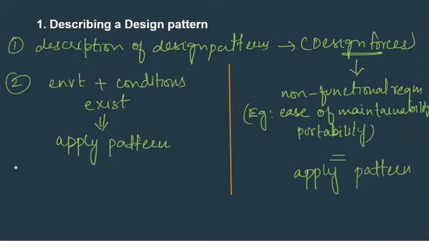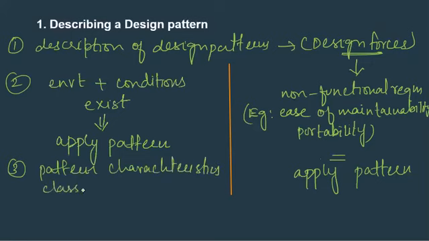The next thing is, it is also going to tell you what are the different pattern characteristics. The different pattern characteristics include what is a class, what are their responsibilities, and how these classes are going to collaborate.